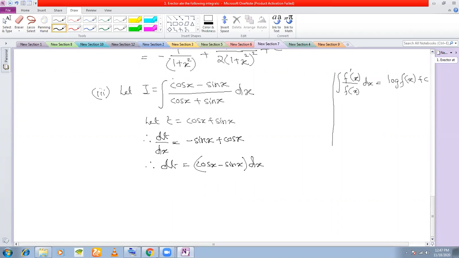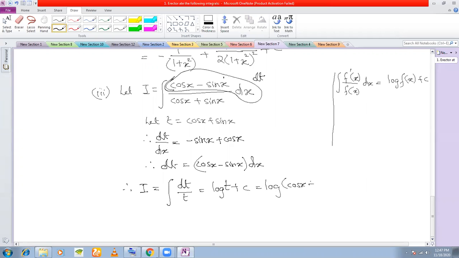We are getting the numerator: this entire thing, cos x minus sin x dx, is your dt. So what does I become? I becomes integral dt by t, which is log t plus c. Now you put the value of t: log of cos x plus sin x.